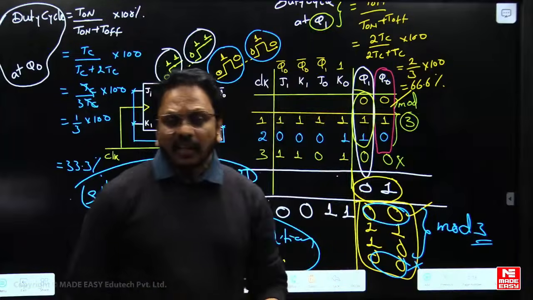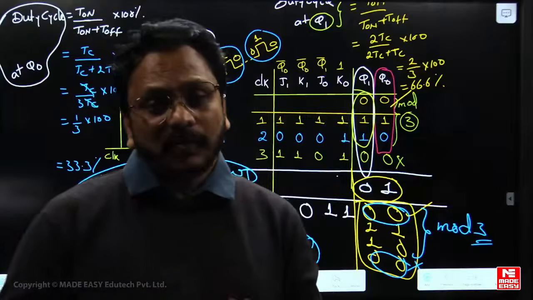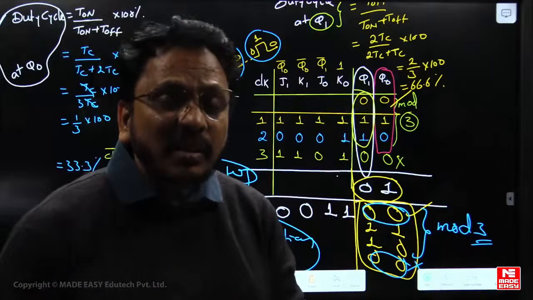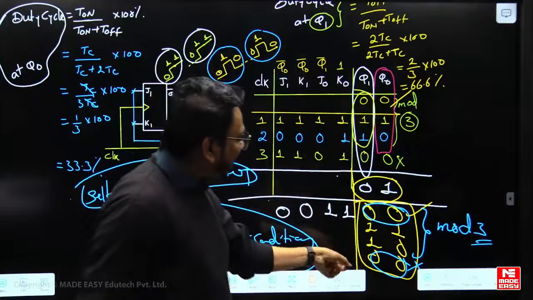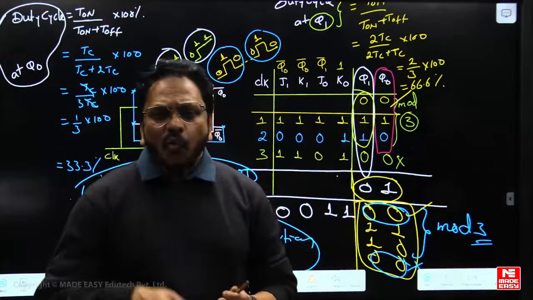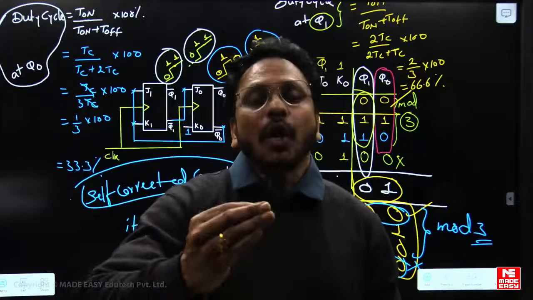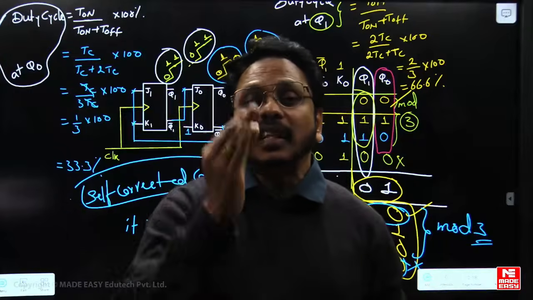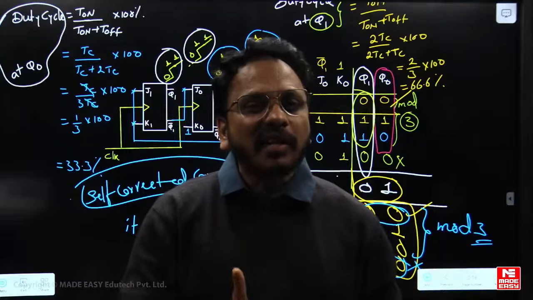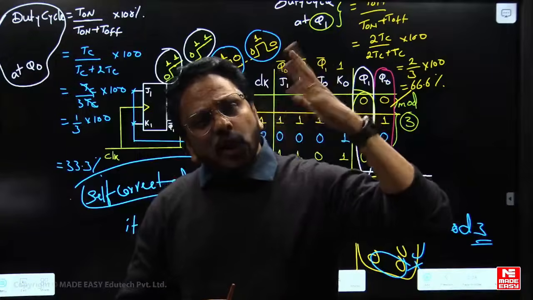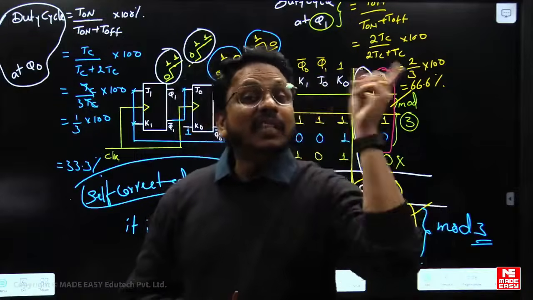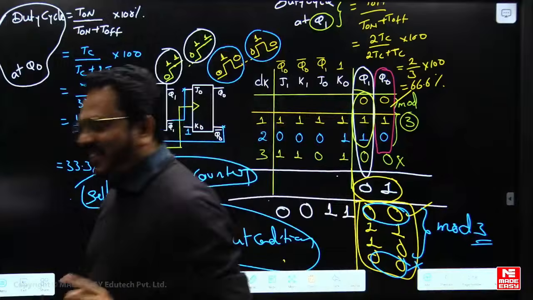That means it corrected itself, it did not go to the unwanted state, so it is in the desired sequence only it came back. Once it came back to our desired sequence, then we will say that it is not a lockout condition, it is self-corrected. If it remained in that unwanted state only, then we will say it is a lockout condition. Got it?